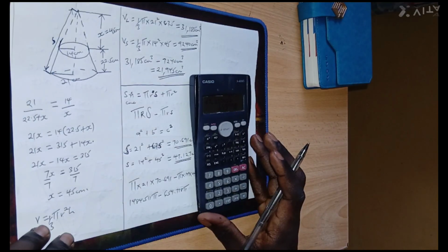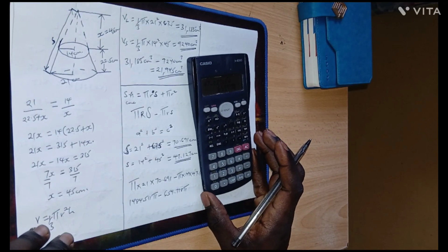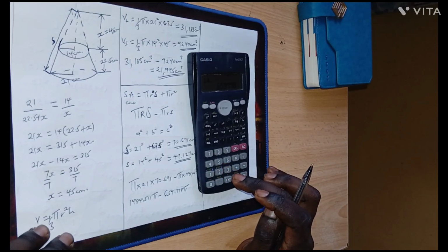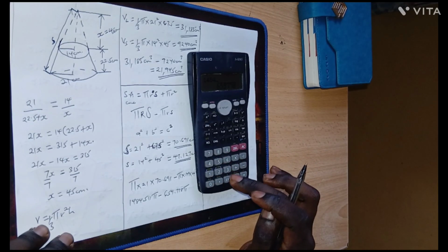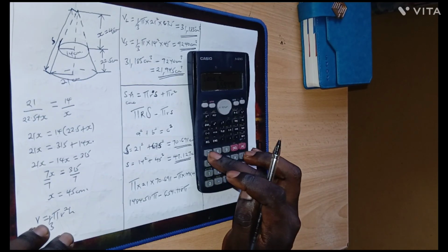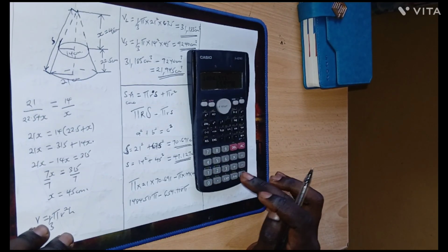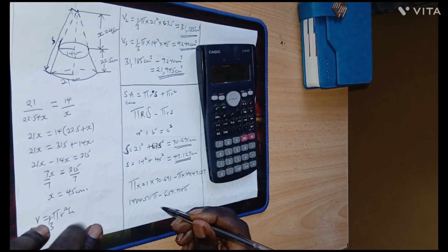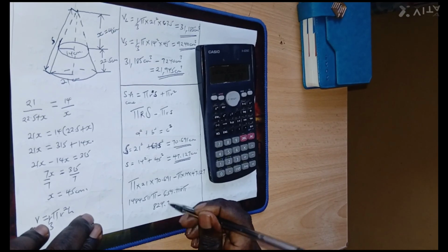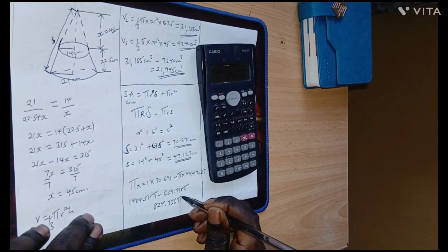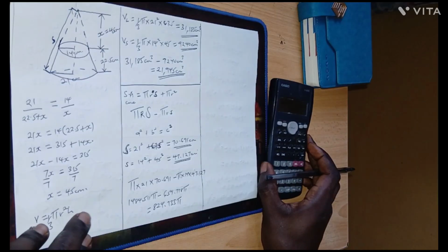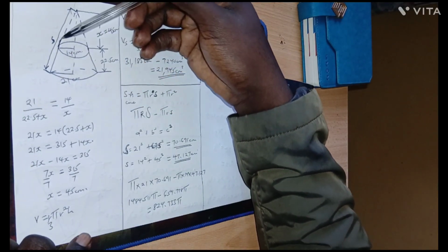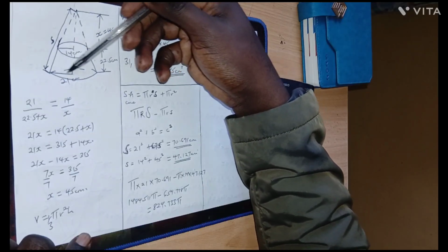So let's do the deduction. We're left with 824.733 pi. So that's now the value of the large cone minus the small cone. So we are left with the frustum.